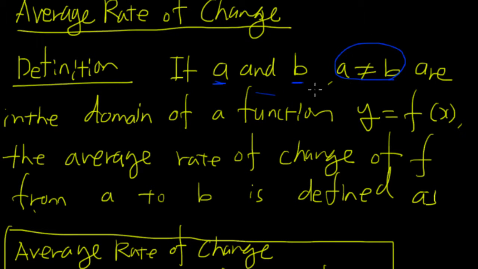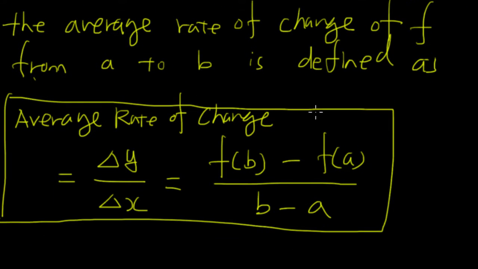Well, first of all, why can a and b not be equal to each other? As you can see right here, what will happen if a is equal to b? Then the denominator becomes 0. And no math teacher or math professor would like to see the denominator go to 0, because that's almost like blasphemy, right? That's not allowed. Why is it not allowed? Because it's undefined.